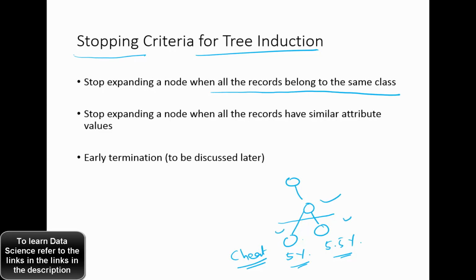So we'll just see when exactly the classes down below in the decision tree do not have a lot of difference in the distribution. Stop expanding a node when all records have similar attribute values. Okay. So if you have only cheat here and only cheat here as well, no point, right? There should be a difference.